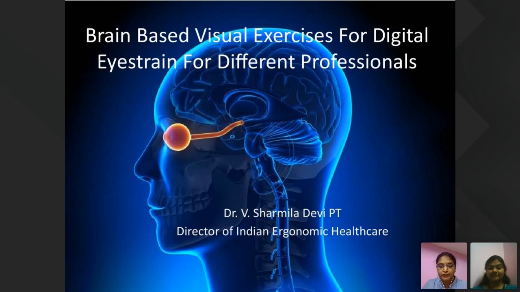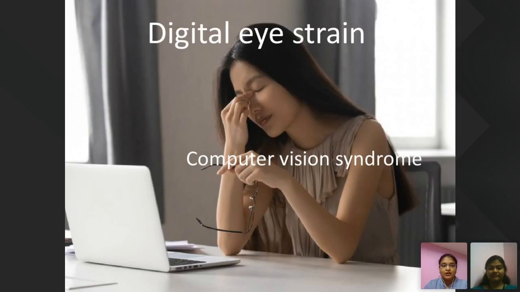Okay, let me move on to the topic. Digital eye strain is otherwise known as computer vision syndrome. It is a broad category of syndromes like asthenopia. Asthenopia is muscle weakness or muscle strain, ocular muscle strain.